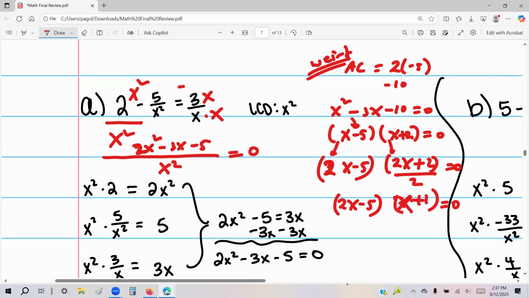Why does it work? Okay. First you factor like normal factoring, direct factoring, but you have 2x squared. But here we have 1x squared. So that's why you have to put 2 on each factor, but one of them will be divisible by 2, so it is divided by 2.